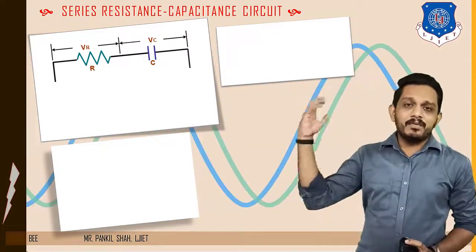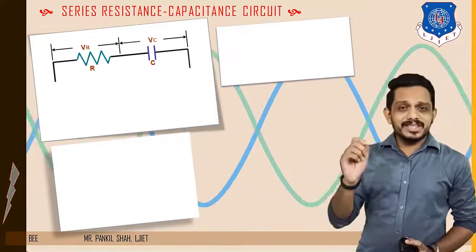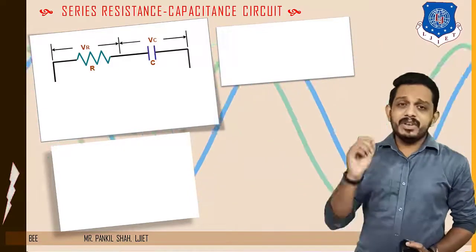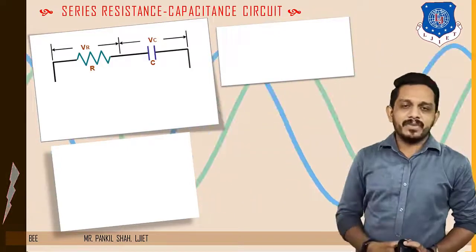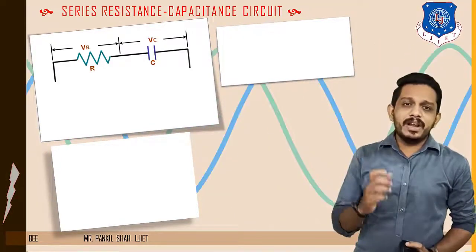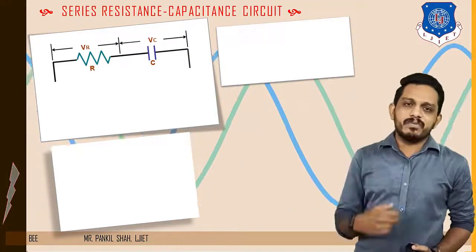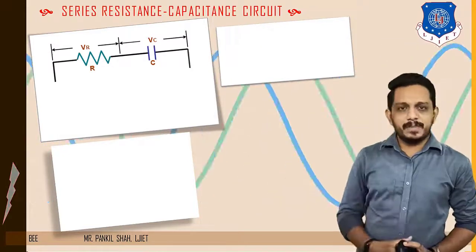But in the video of pure capacitive circuit, we neglected the resistance of that circuit. Here we have considered the resistance of that capacitive circuit, so it will be in series with that capacitor. Here R is the resistance and C is the capacitance of this capacitor.